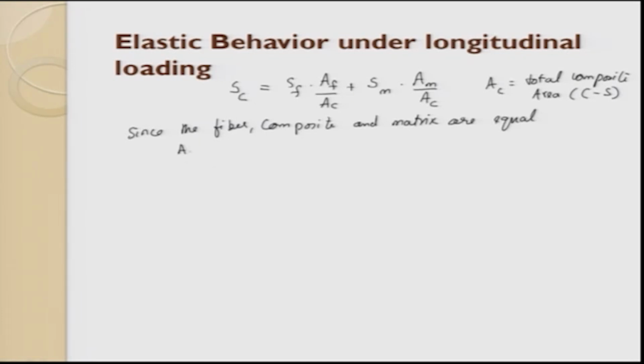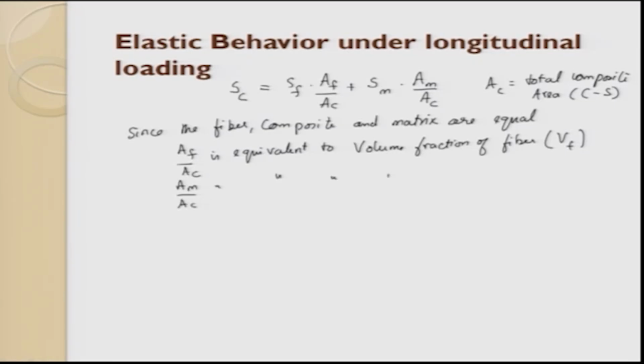So we consider AF by AC as equivalent to the volume fraction of the fiber, which is nothing but VF, and AM by AC is equal to the volume fraction of the matrix, which is nothing but Vm.